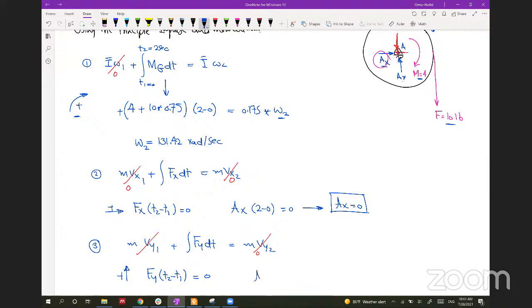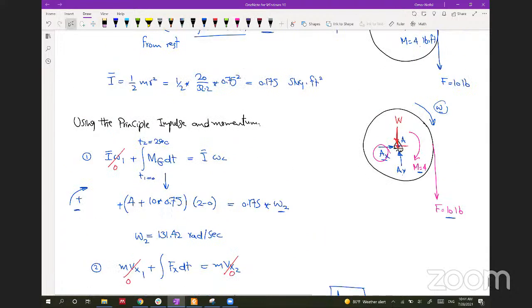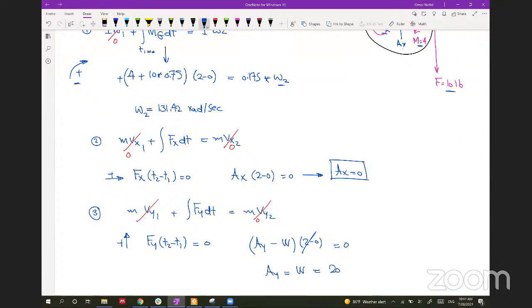So you will have Ay in the positive minus W multiplied by T2 minus T1, which is 2 minus 0. And if you divide by 2, this will be gone. So Ay will be equal to W, and W is 20 pounds. So this will be 20 pounds.